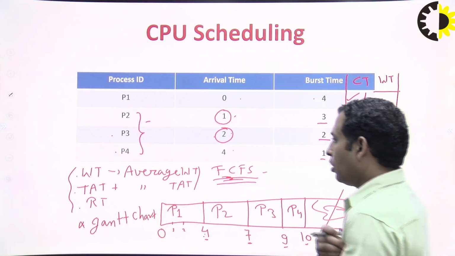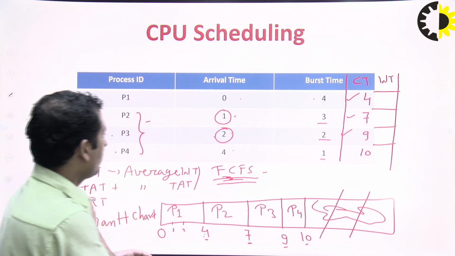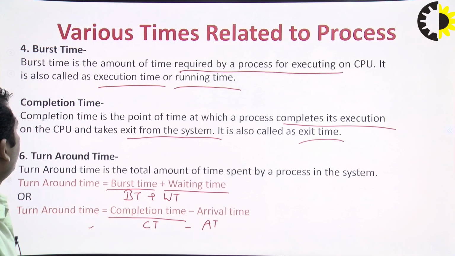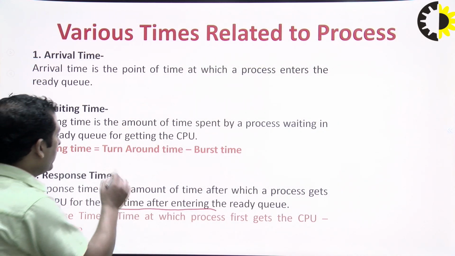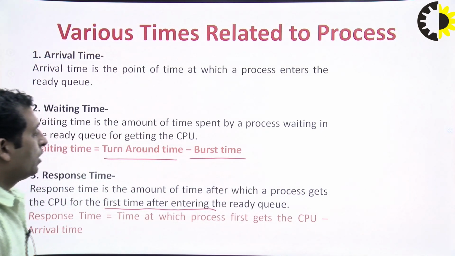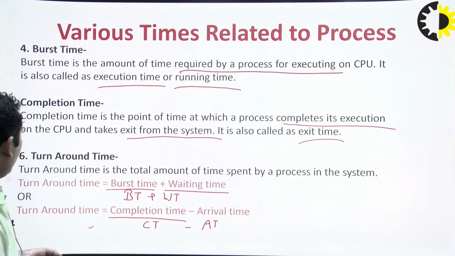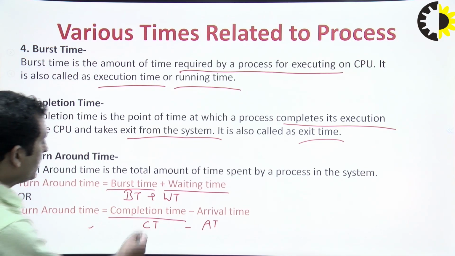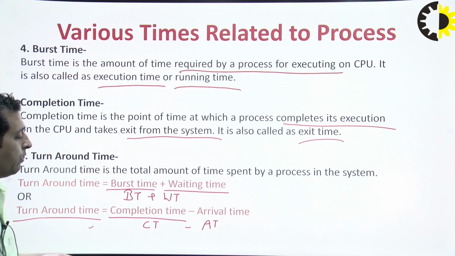We have already seen the waiting time formula. We can calculate waiting time as turnaround time minus burst time, and turnaround time equals completion time minus arrival time.